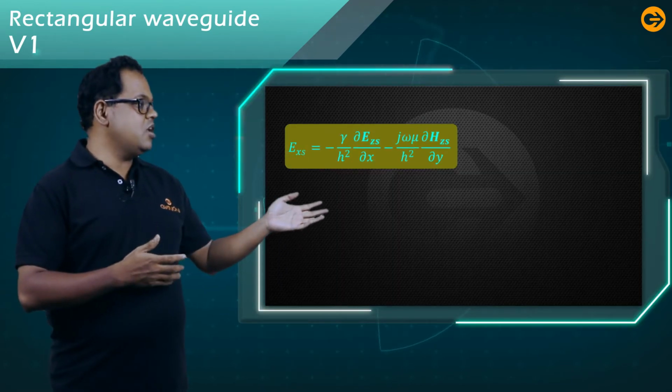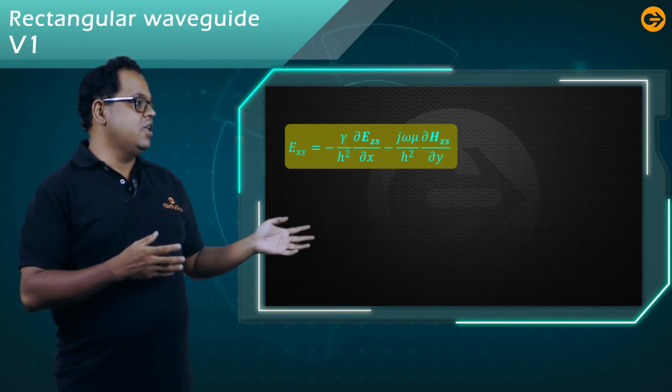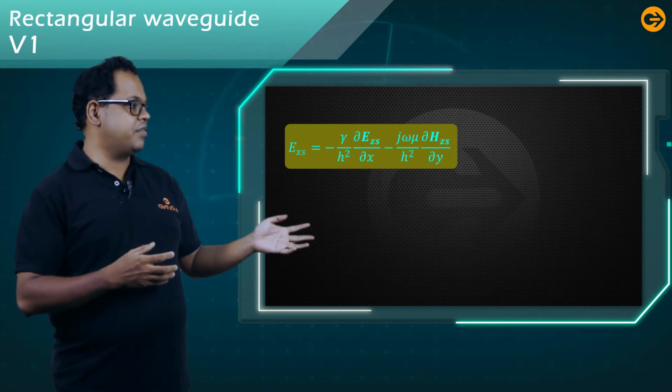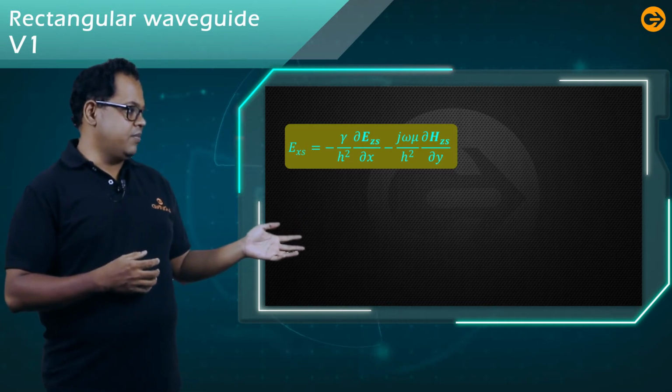Now let us discuss the equations of the waveguide. There, E of Xs is equal to minus gamma by h square del Ez by del x minus j omega mu by h square del Hz by del y.